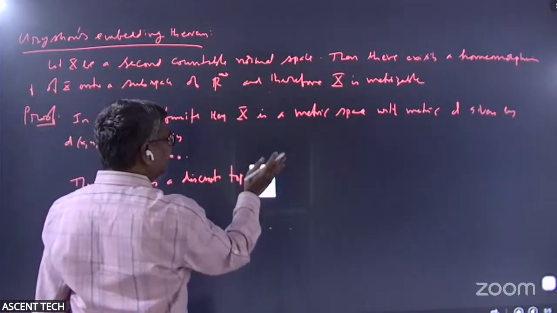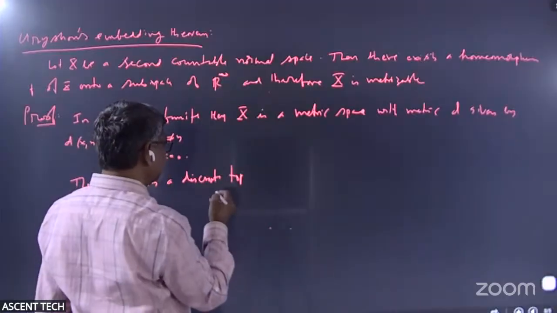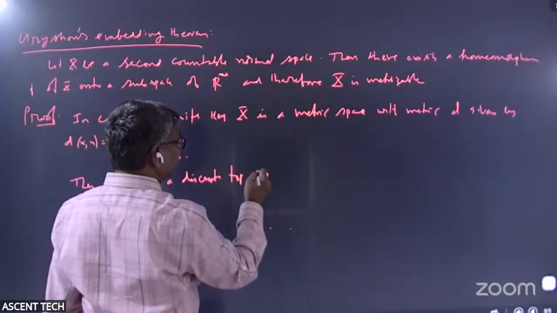Discrete space means every singleton is also open, is also closed.